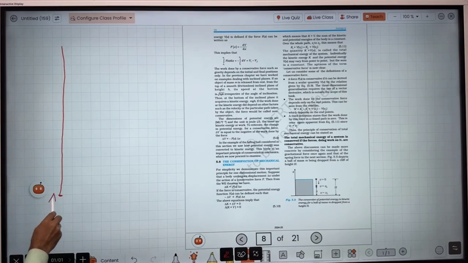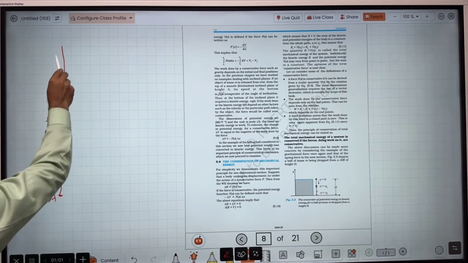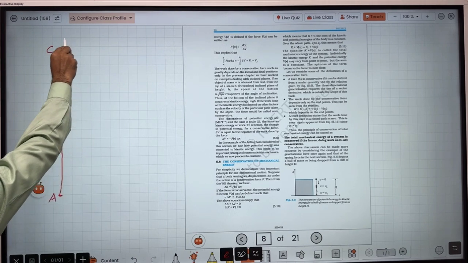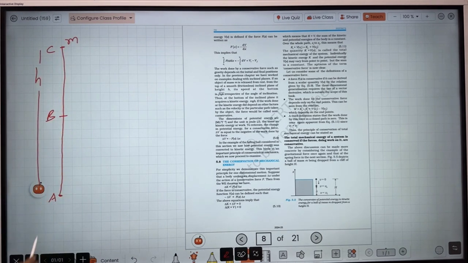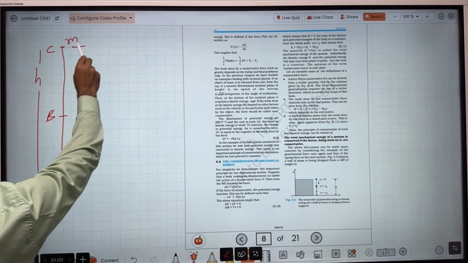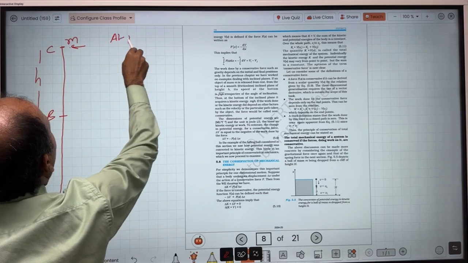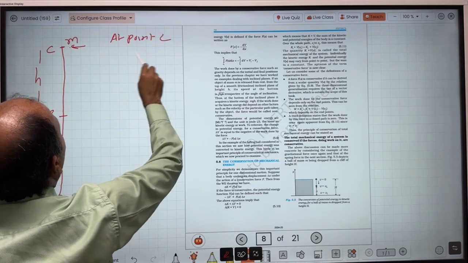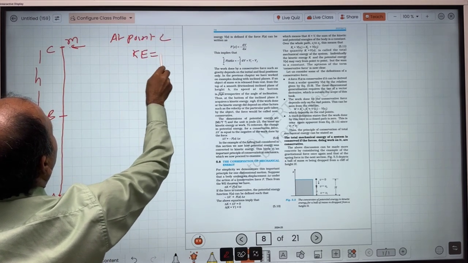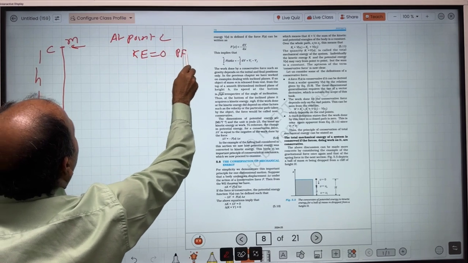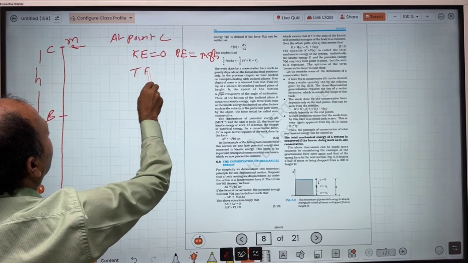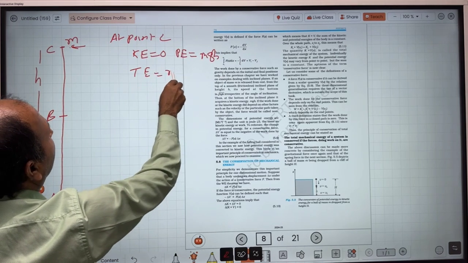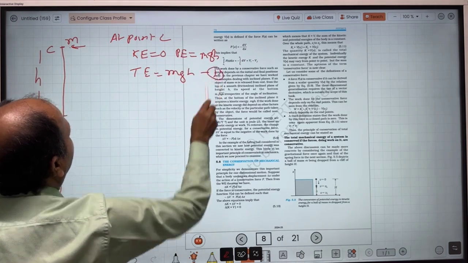Suppose this is position A, this position B, and this position C, and there is one object here at height h, total height up to here is H. Now at point C, the object is not moving, so K is 0, PE is just mgh. So what is the total energy here? It will be the sum of the two, that is mgh. So this is the first case.